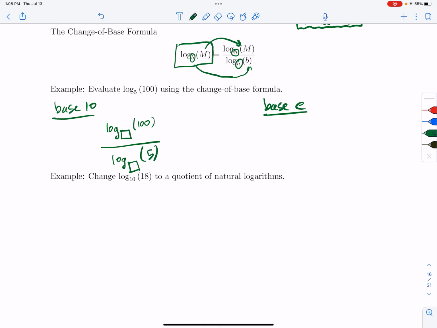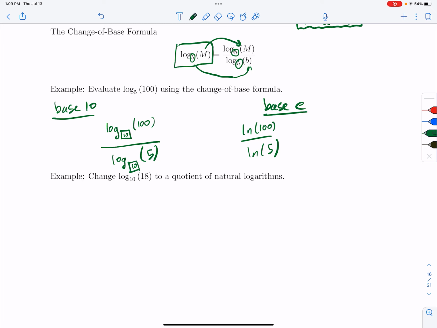Okay, so I could put any base in that box. So I could put 10 in there, or I could put E in there. So that could also be ln of 100 or ln of 5. So either way will work. That ln of 100 over ln of 5, that's just log base E.